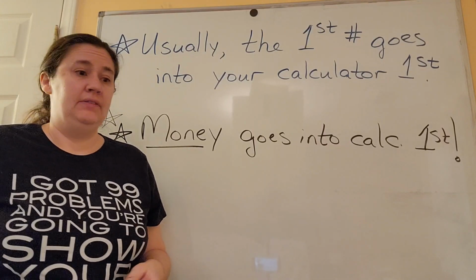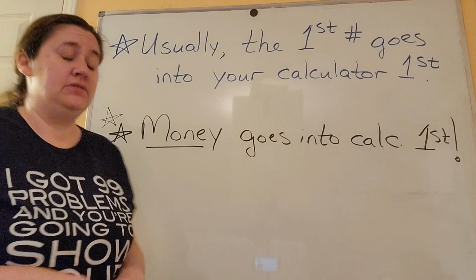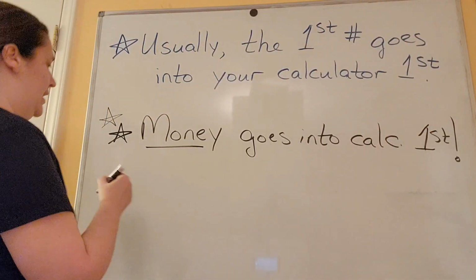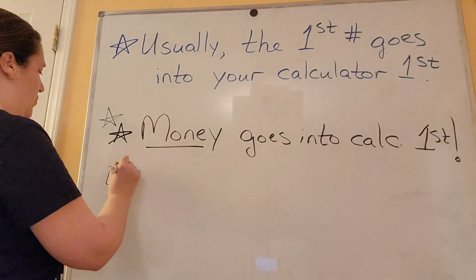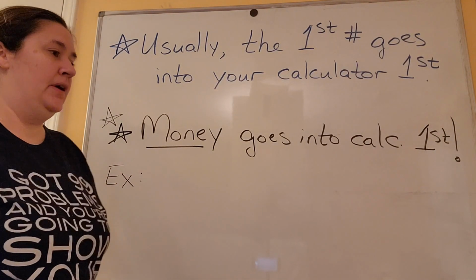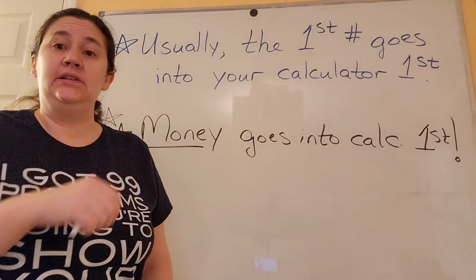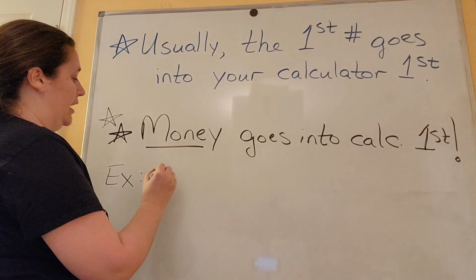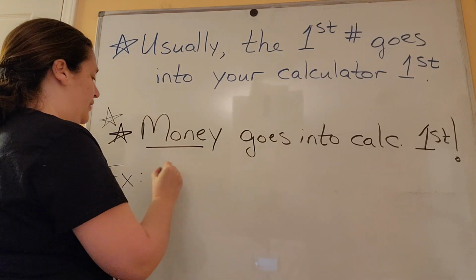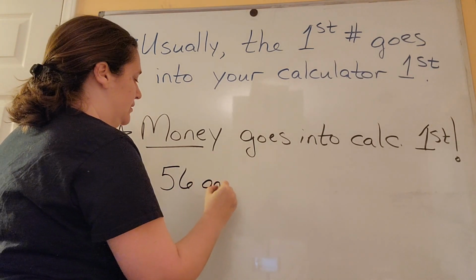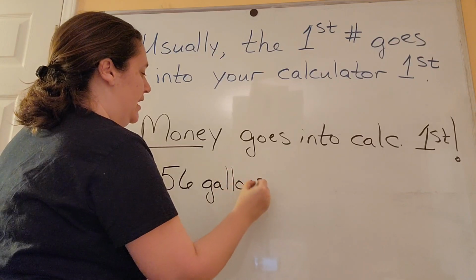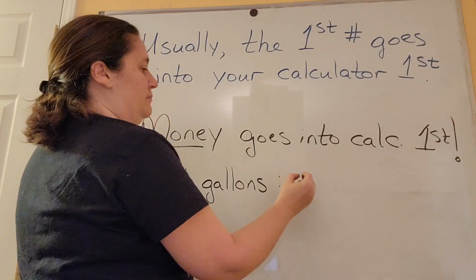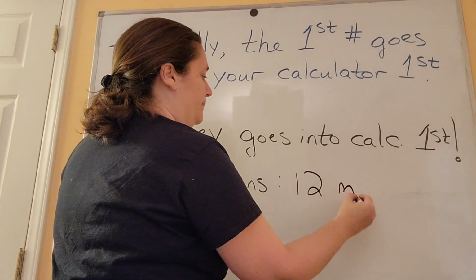Now, let's do just a couple examples. Let's say, for example, you turn on the faucet in the sink and you pour out 56 gallons of water in 12 minutes.